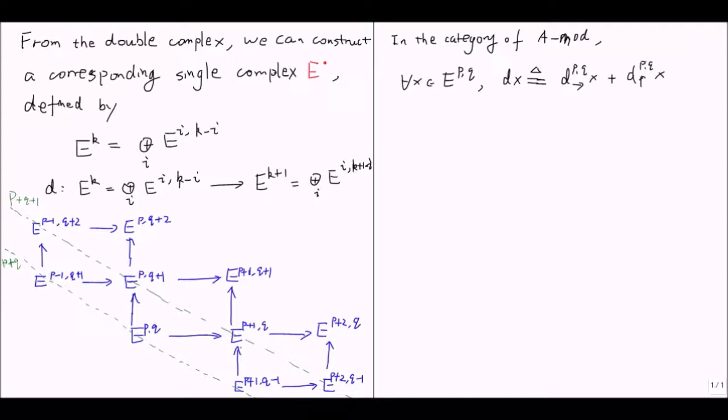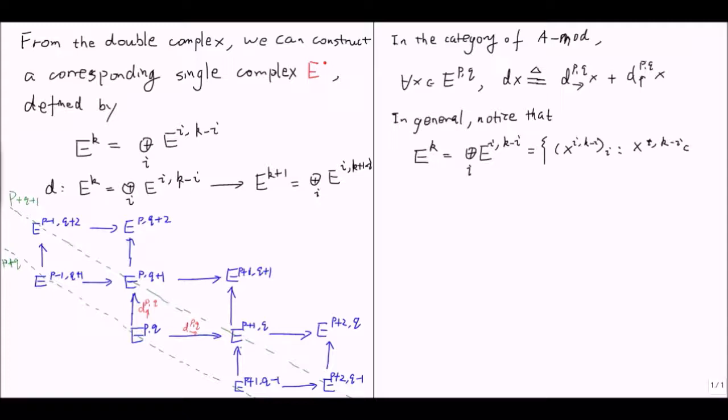In the diagram, there are maps in here, and in general, we notice that E superscript k consists of the elements of the form x sub i, k minus i, where each x sub i, k minus i belongs to E sub i, k minus i.